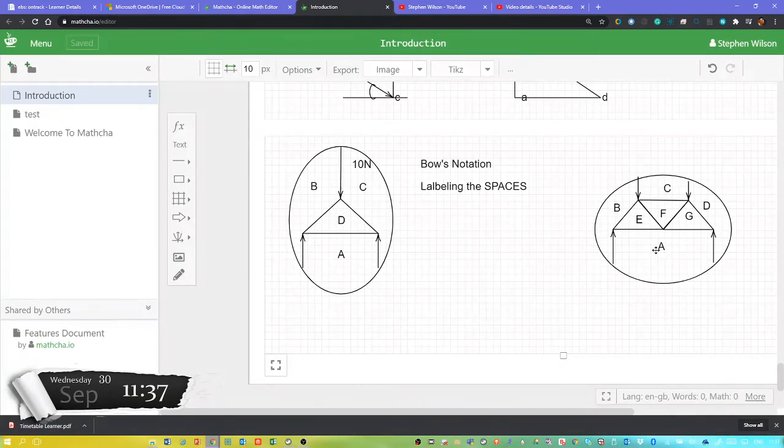Start between your reaction forces, go around clockwise, and then fill in your spaces in the middle, and just stick with the alphabet, because then we have letters for our spaces, and a little bit later on, when we start looking at the joints, we can number our joints just to make life a bit easier for us. So that's Bow's notation. This helps us keep track of what we're doing as we go along.